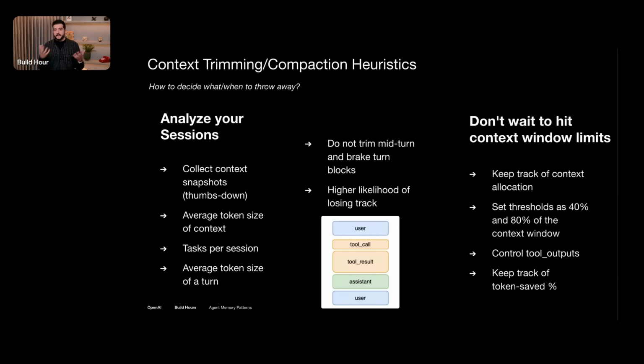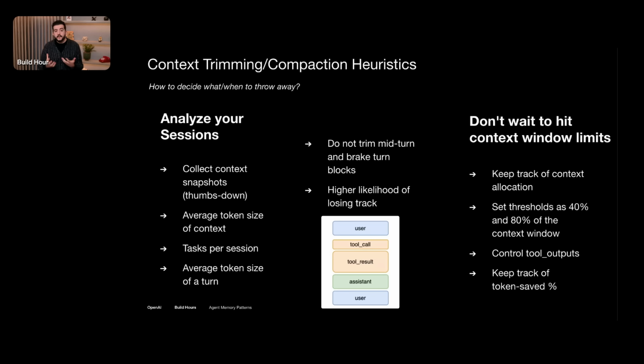And a question you might have is, okay, how can I decide heuristics for trimming and compaction? Here I can share a couple of suggestions. First, you can analyze your sessions. You can collect context snapshots from production or from your users. You can collect thumbs down and dislike contexts to see what's going wrong there.